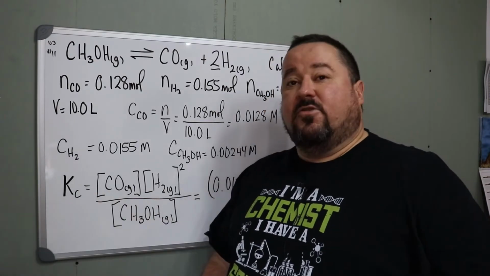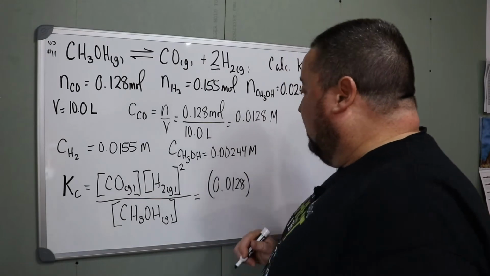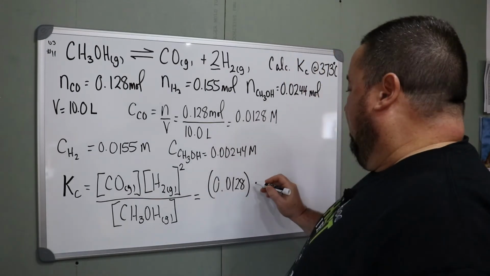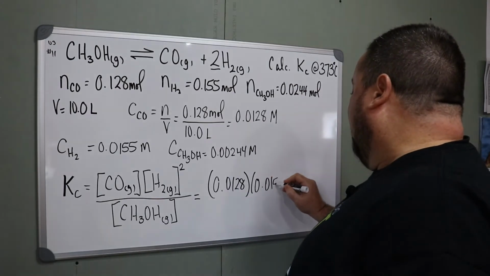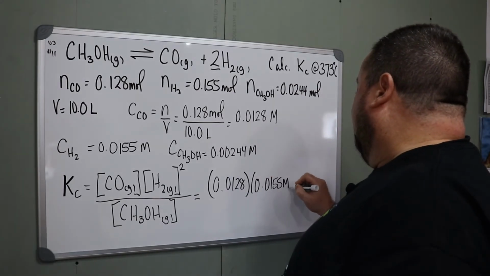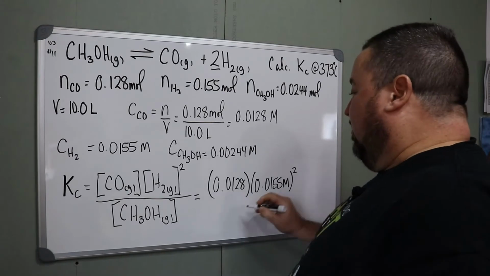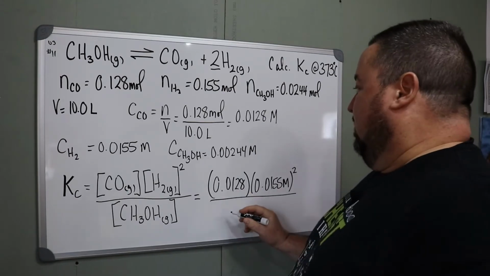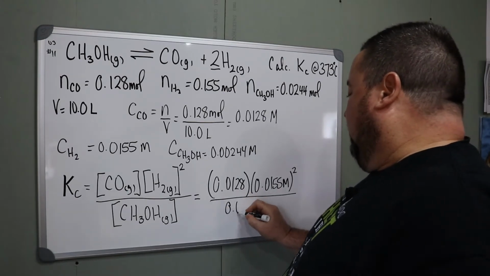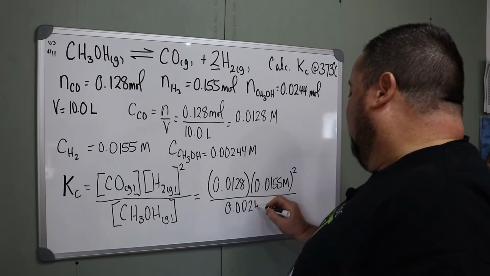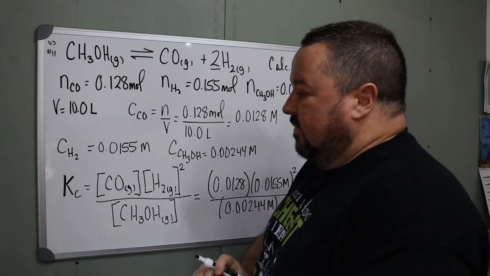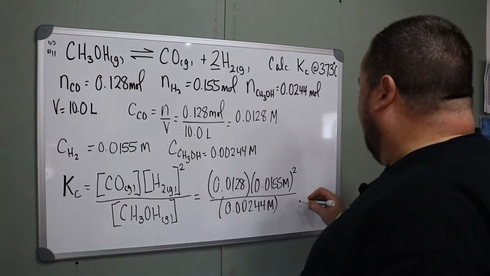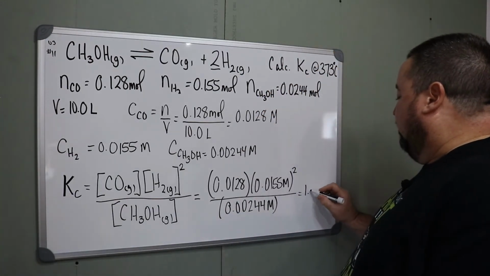We don't express units for the equilibrium constant, so we don't need to put them in. 0.0155 squared and divided by 0.00244 molar. And I got 1.26 times 10 to the negative 3.